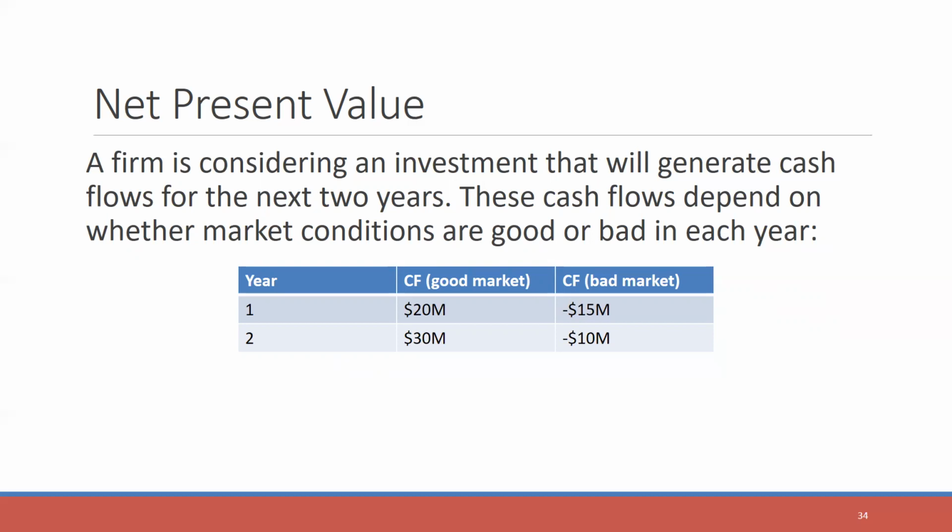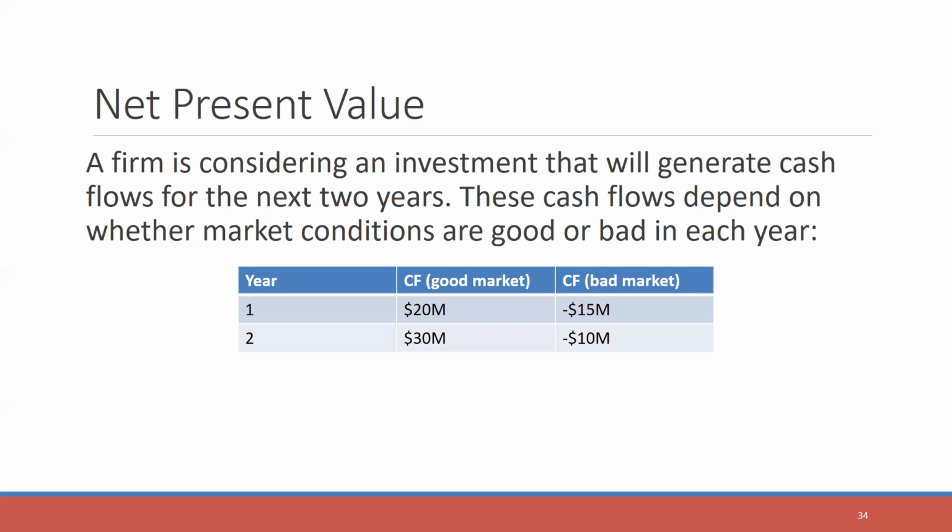If it's a bad market, you get a cash flow of negative 10 million. So right off the bat, we can see how the cash flows are moving up and down with the state of the economy. When we get into discussing firm risk, we'll think of this as risky cash flows, because when the market's up, the cash flows are high. When the market's down, the cash flows are low.